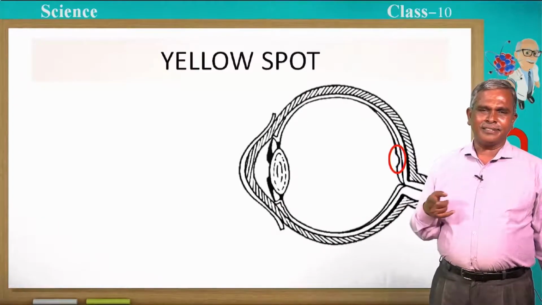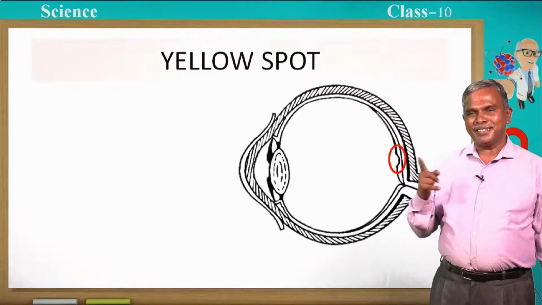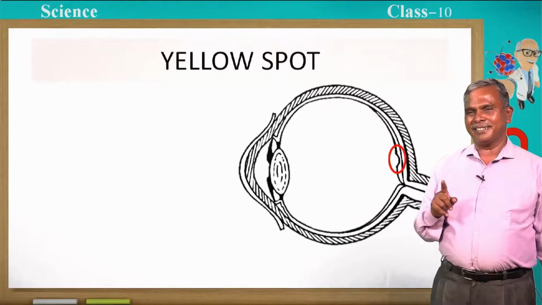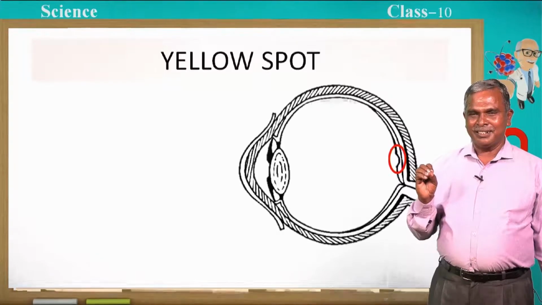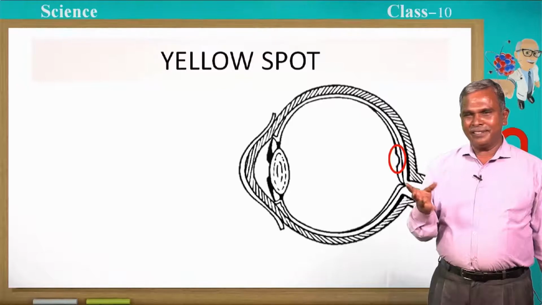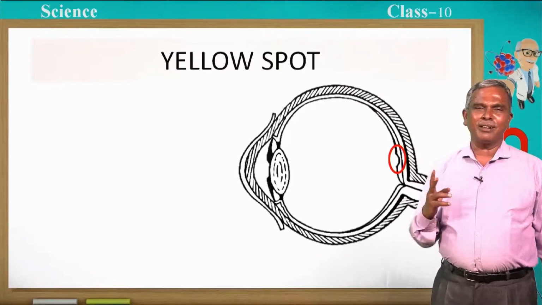So, that encircled region is called the yellow spot. Is it yellow in color? No, it is not yellow in color. Then why is it called the yellow spot? Normally, for image formation, rods and cones are very essential. Without these cells, the vision becomes incomplete. I mean, the image won't be formed anywhere.